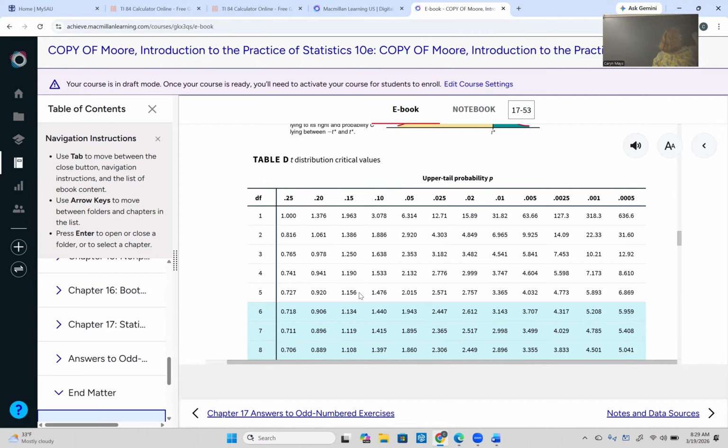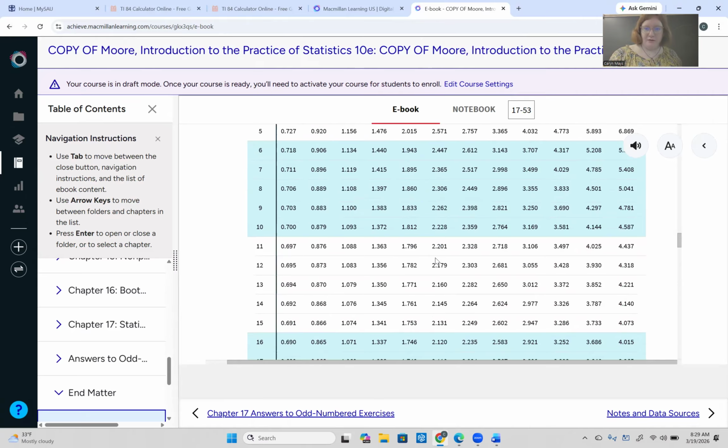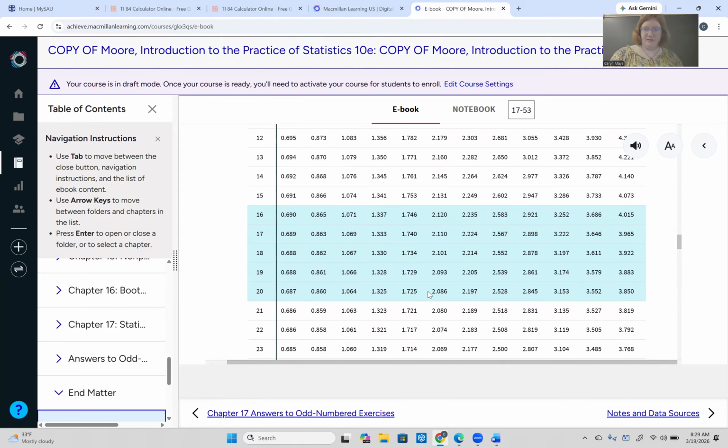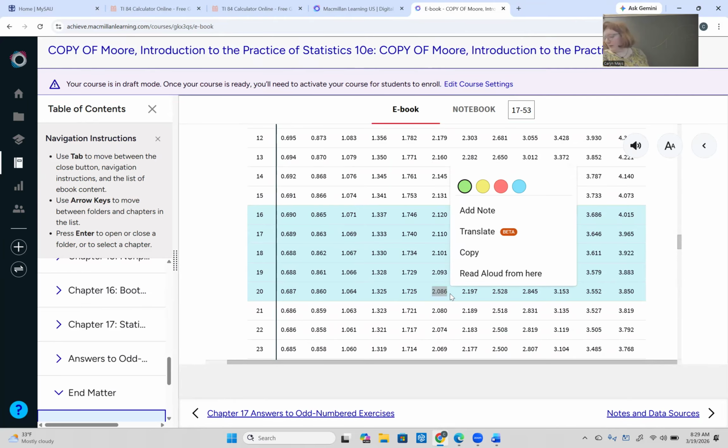So we are splitting that, and the table says it's the upper tail probability. So we just want what is left in there. 0.025, yes. So we're going to look down our 0.025 column until we reach 20. And that gives us a T star of 2.086.